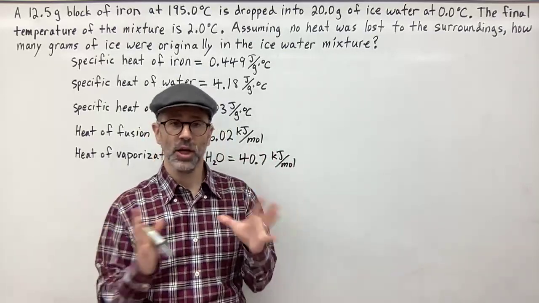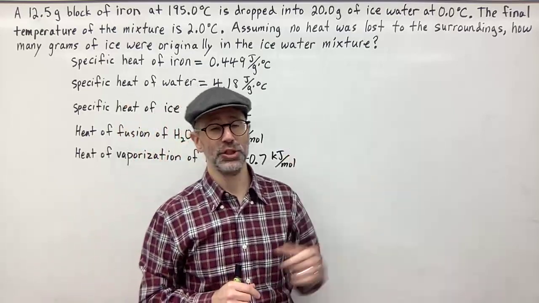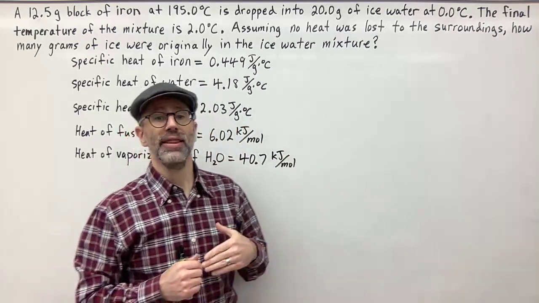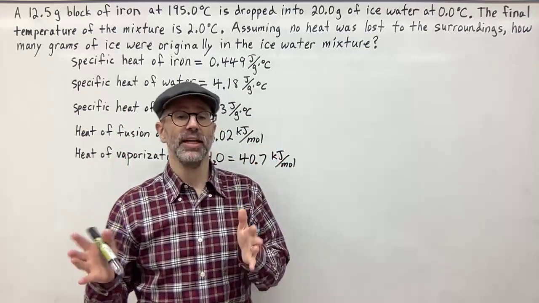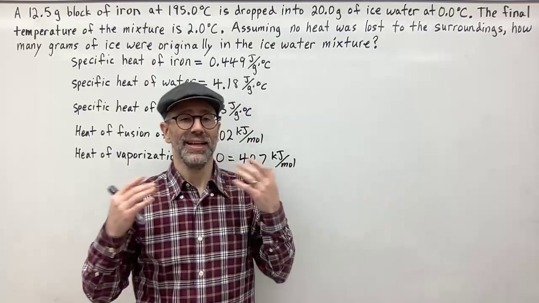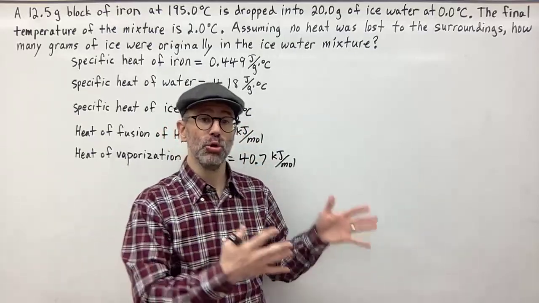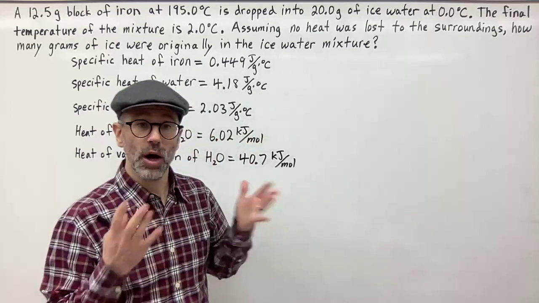So we have a block of iron. The block of iron is at a higher temperature. So we know that heat always transfers from the hotter object to the colder objects. The block of iron is obviously the hotter object, so the iron is going to lose heat. So that's one Q value.